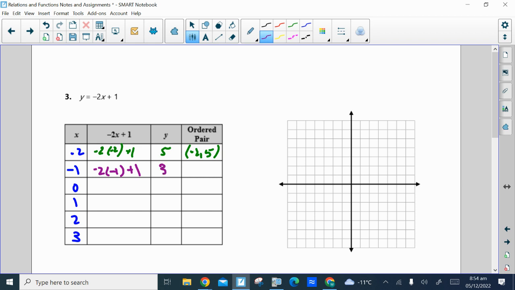Positive 2 plus 1 is 3, and we have the point negative 1, 3. When x is 0, negative 2 times 0 plus 1. Negative 2 times 0 is 0, plus 1 is 1, and we have the point 0, 1.